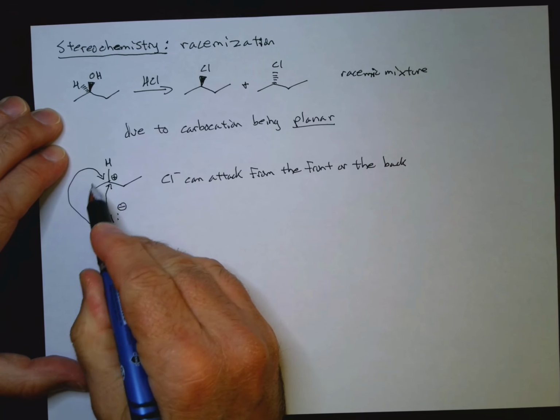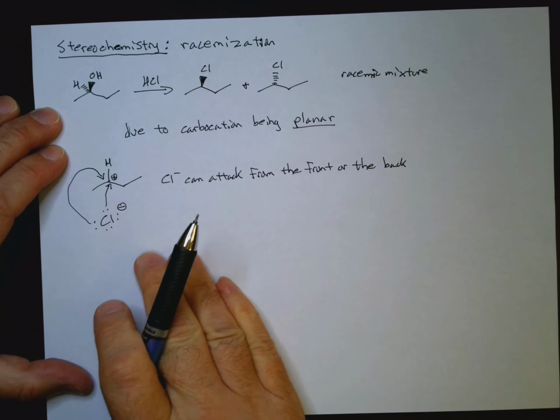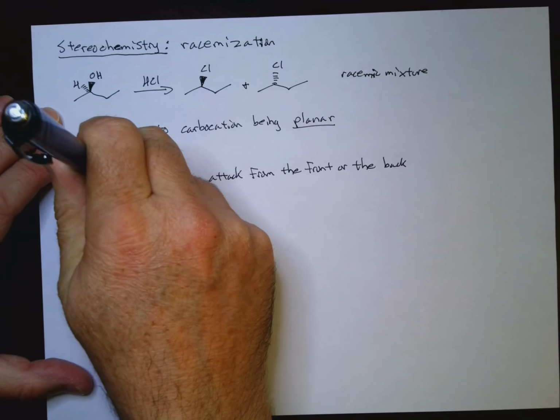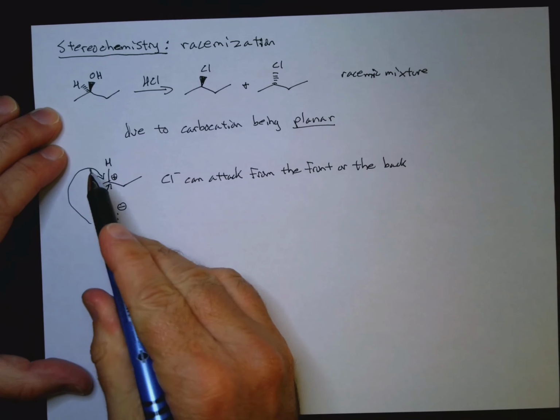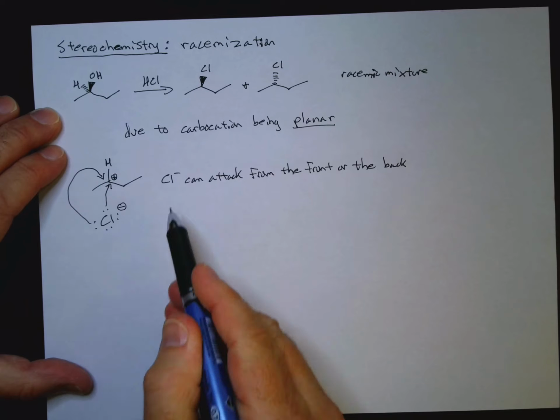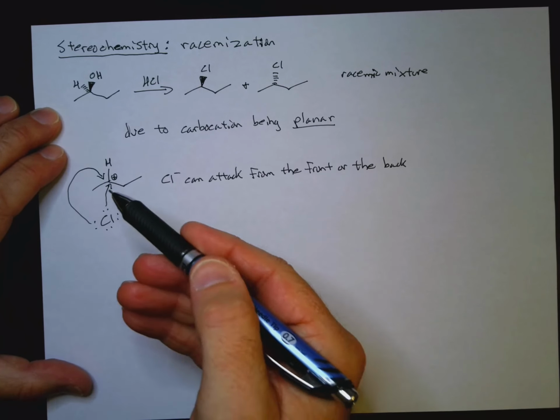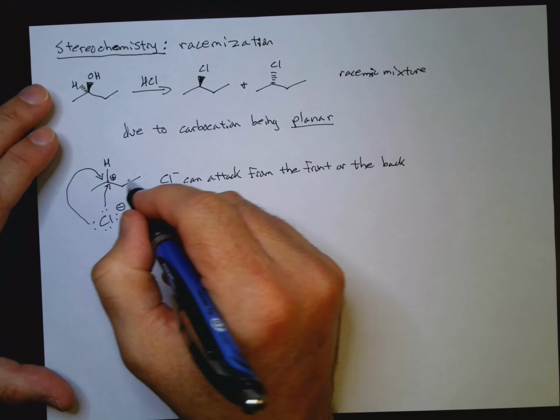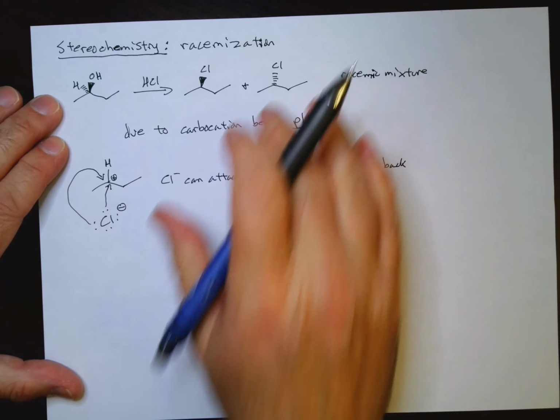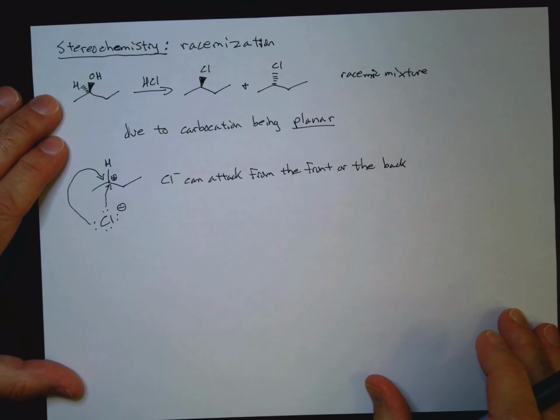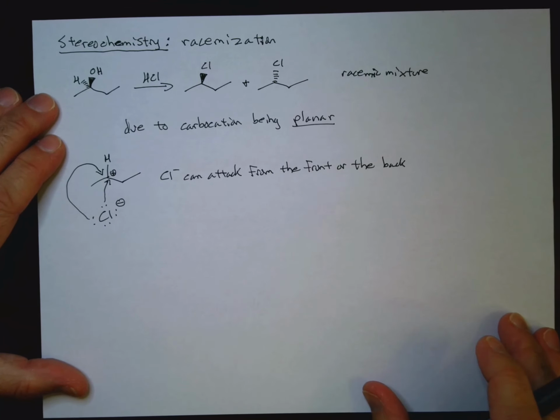So if my carbocation is in the plane of the paper, I could have a chlorine coming in from the front, or it could come in from behind, from underneath the plane of the paper. So front or back, and you'll end up getting a mixture.